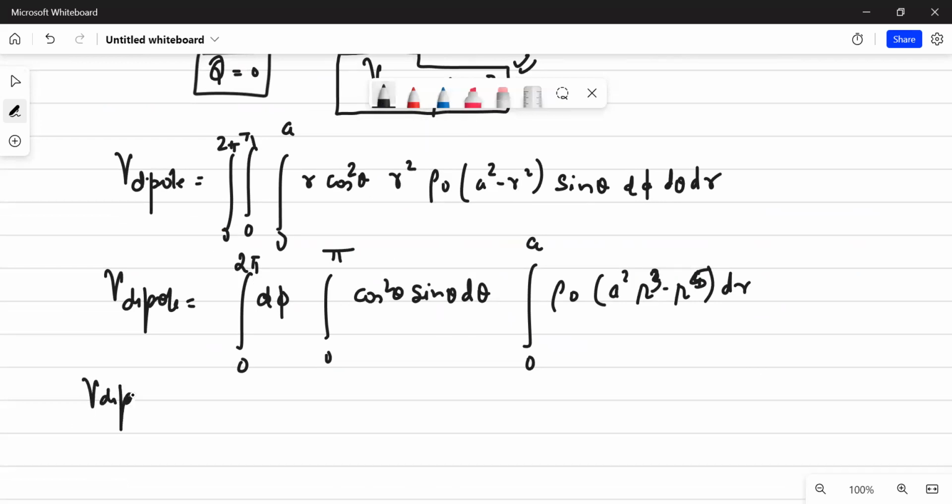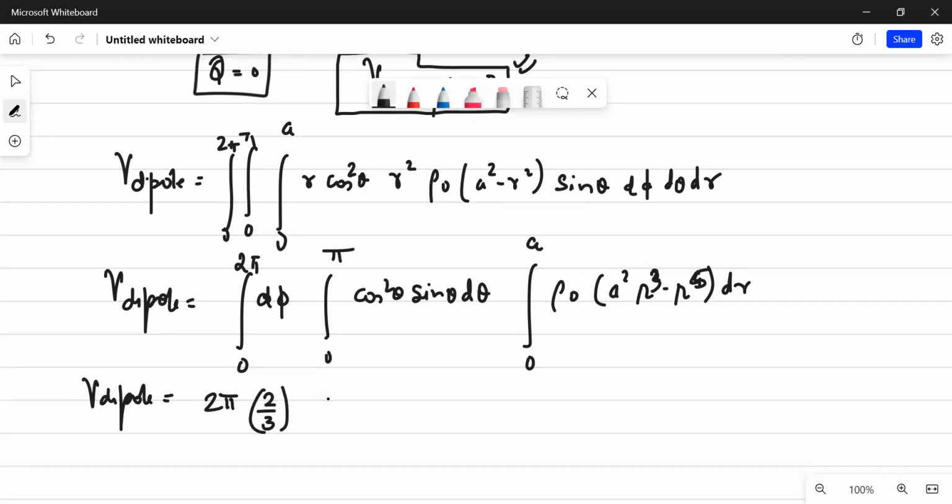So V dipole now would be equal to, this is 2 pi, clear. This will be 2 by 3, because cos square theta, if you take as t, this will be from minus 1 to 1, and this will be t square dt. This will be t cube by 3, so this will be 2 by 3. And what about this integral?